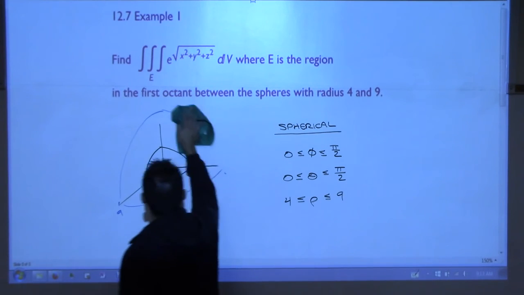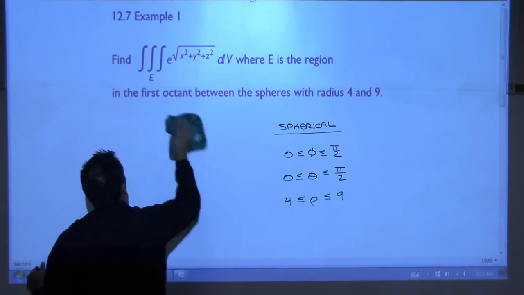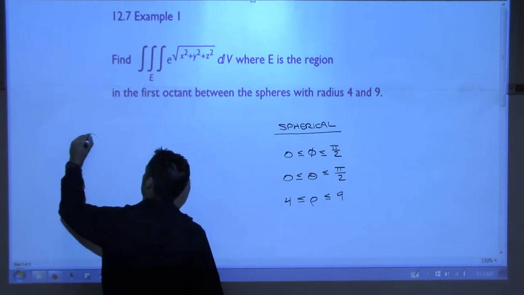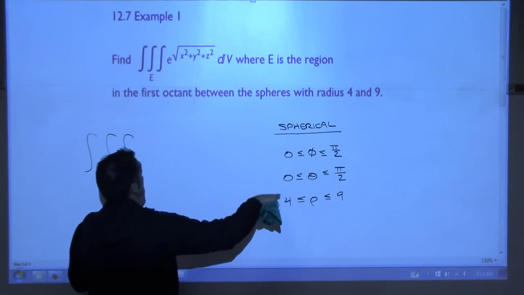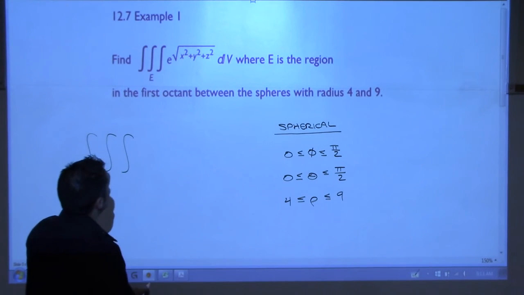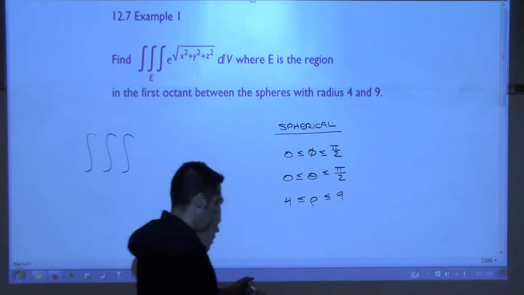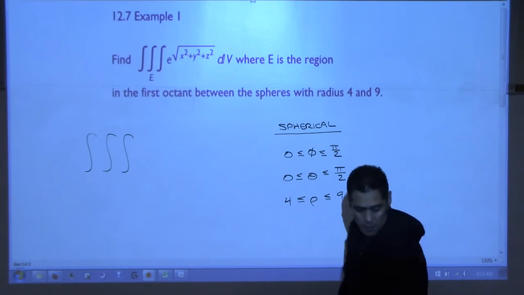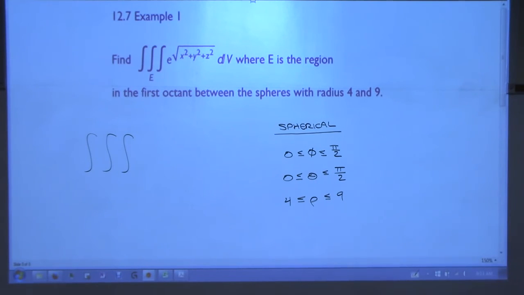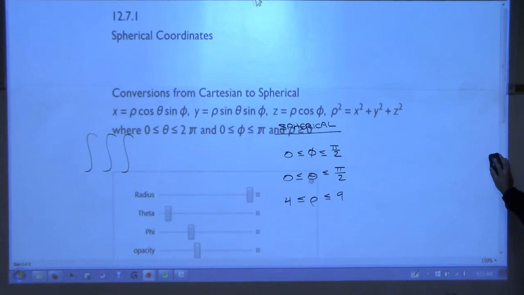So I look at this triple integral over E, and now I know it's going to be a triple integral. I know I'm going to have these restrictions. I'll worry about the order in a second. E to the square root of x squared plus y squared plus z squared. Well, remember earlier when I had this note up here that there was a nice equation right here.